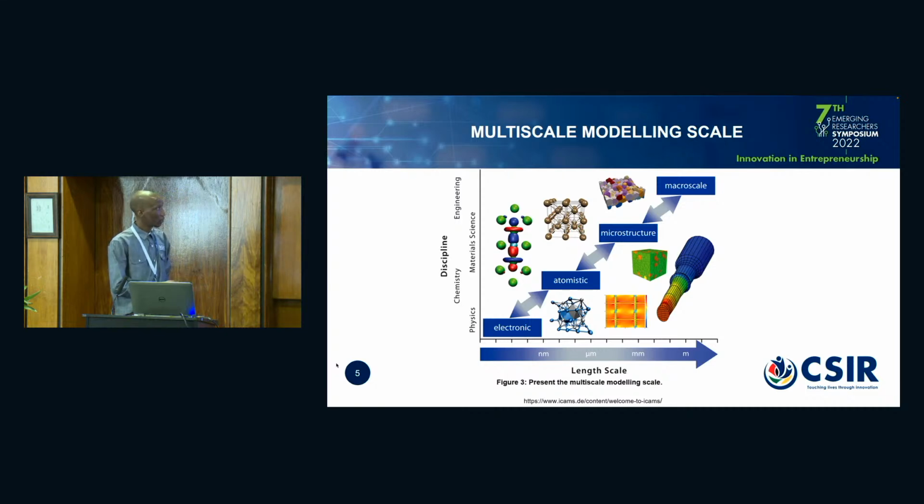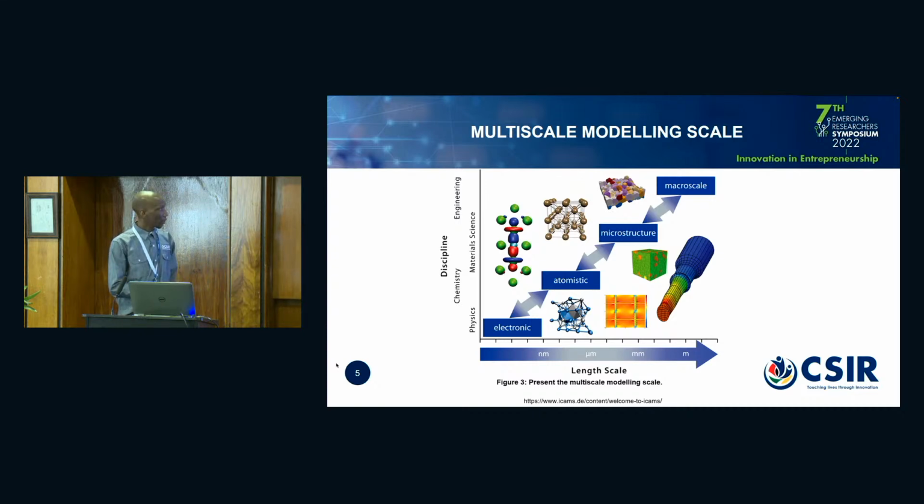You can at least go up a scale to an atomistic level, where now you study the behavior of atom interaction. And then you can also predict the material property of your composition or your crystal structure. And it normally uses Newton's first law.